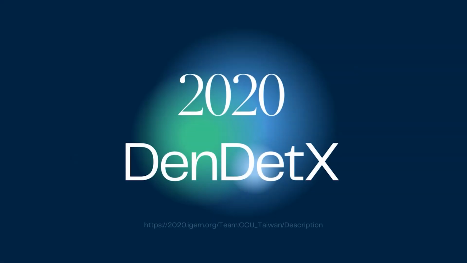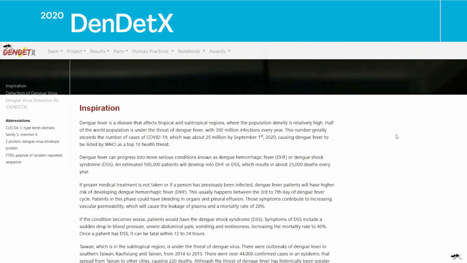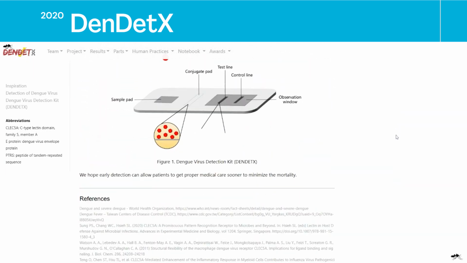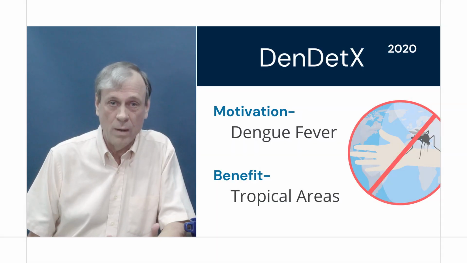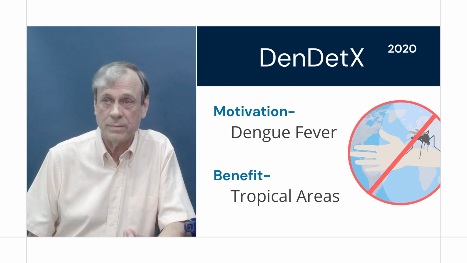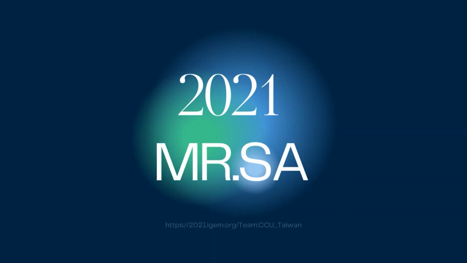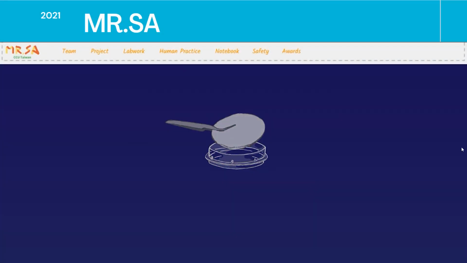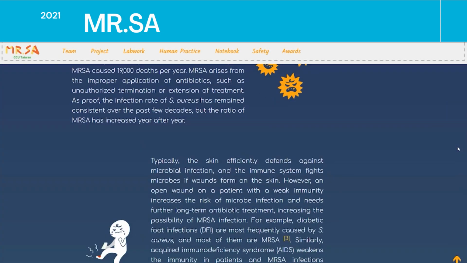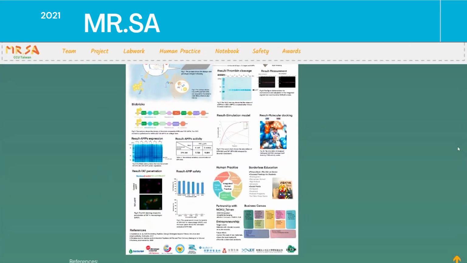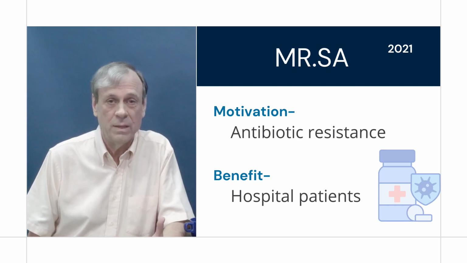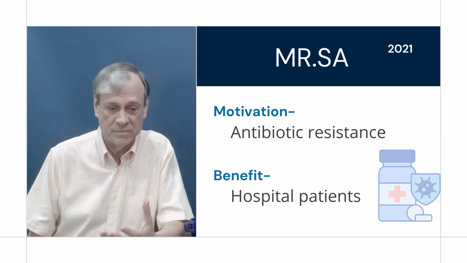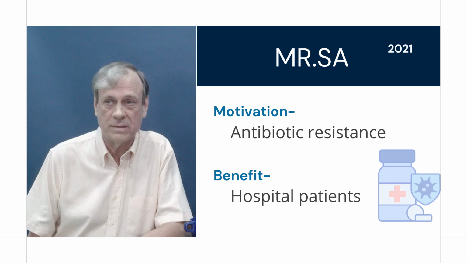The fourth one was Denditex, a detector for dengue fever. And this would benefit anyone living in the tropical areas where dengue fever is a problem, not just in Taiwan, but around the world. Fifth one was Mr. SA, based on the idea of MRSA, an antibiotic-resistant skin disease that's common in many hospital situations, and therefore would be beneficial to hospital patients, people with diabetes, other things that have long-term health effects that affect the skin.